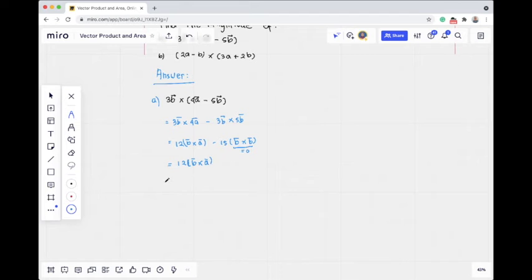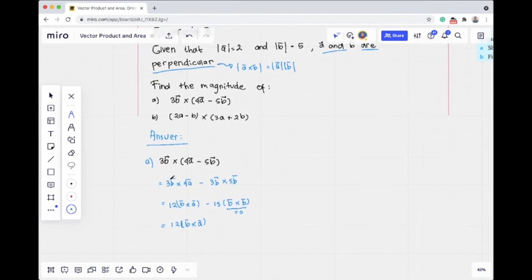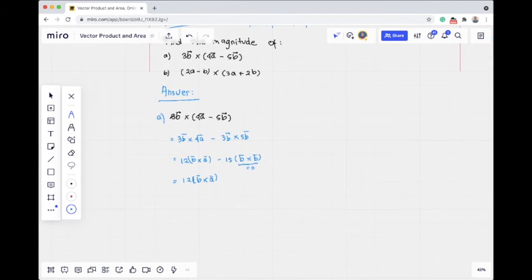Then we have to find the magnitude. So the magnitude of 3b cross 4a minus 5b equals the magnitude of 12b cross a.